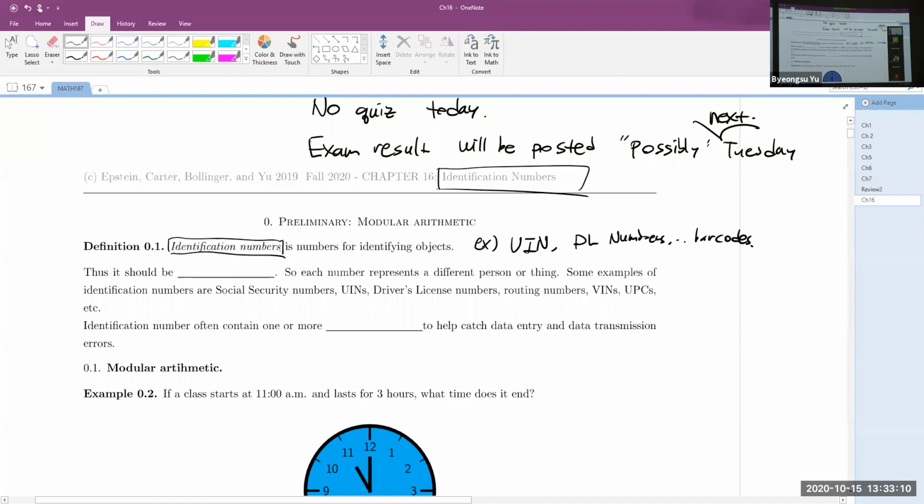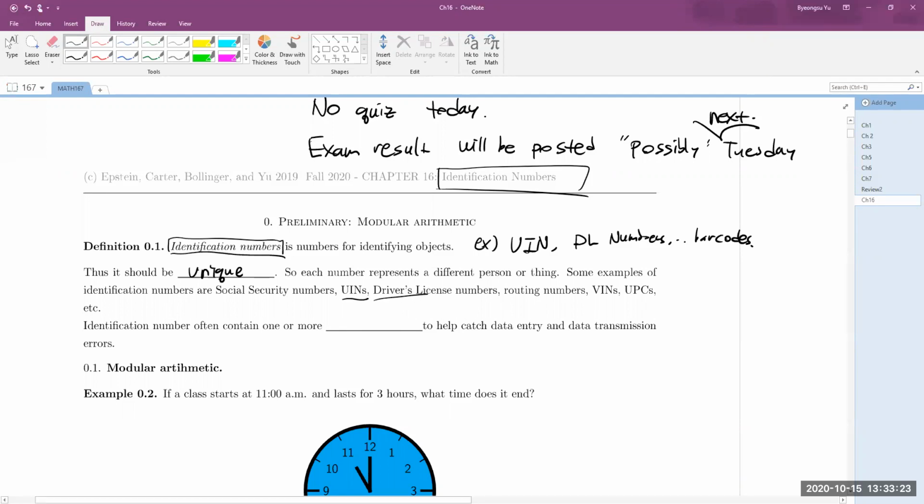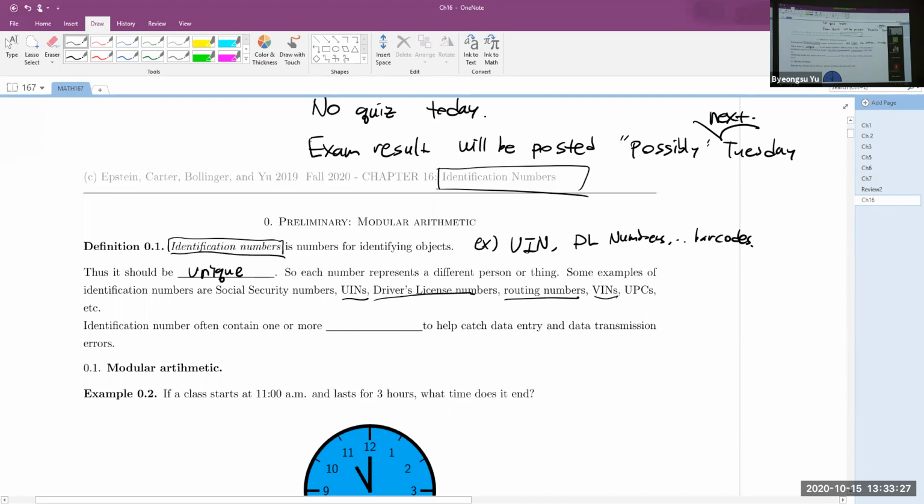Identification numbers should be unique to distinguish each from the others, so each number represents a different person or thing. Examples are UINs, driver license numbers, bank routing numbers, VIN for your cars, and UPC, Universal Product Code, which we will see soon, etc.